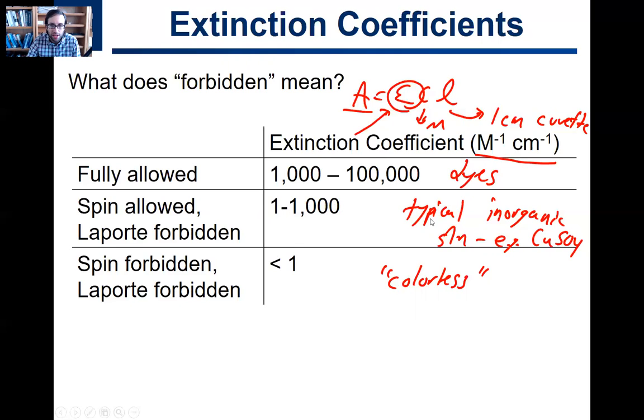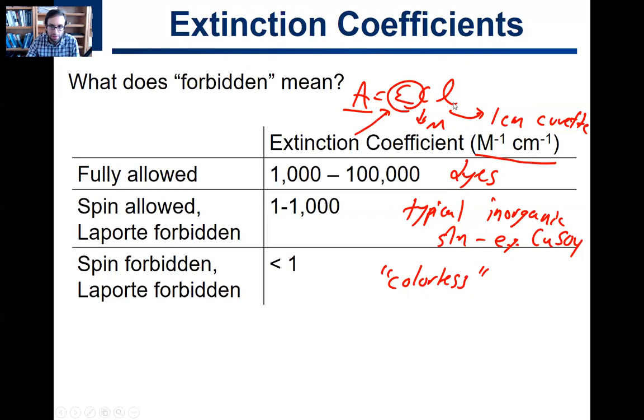But it's going to be weaker. And so this extinction coefficient, if you remember Beer's law, says the absorbance of a molecule is a product of its extinction coefficient, here I wrote it as epsilon, times c, its concentration in units of molarity, times the path length of that solution.